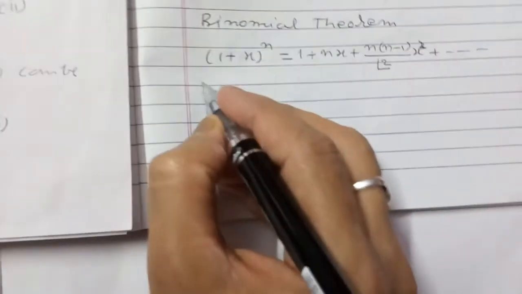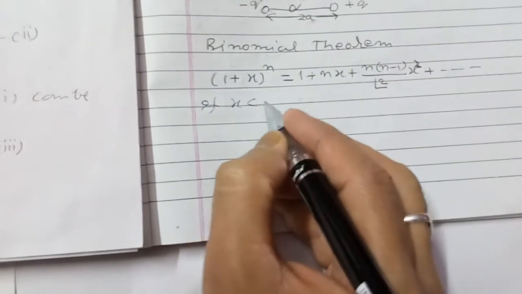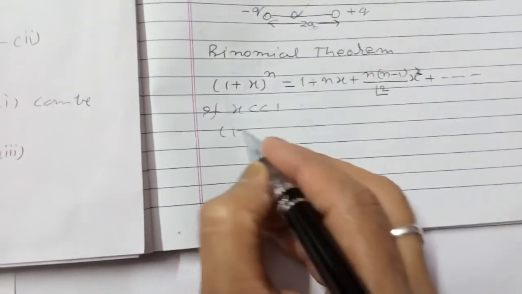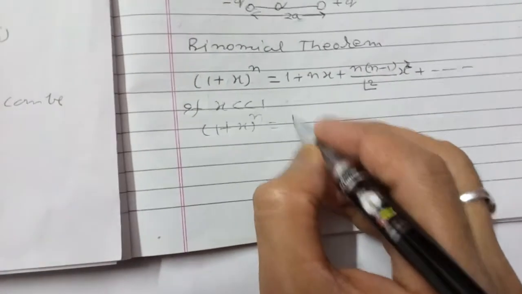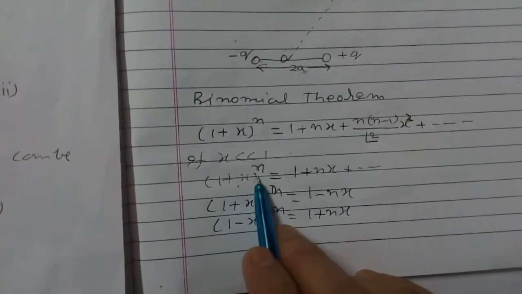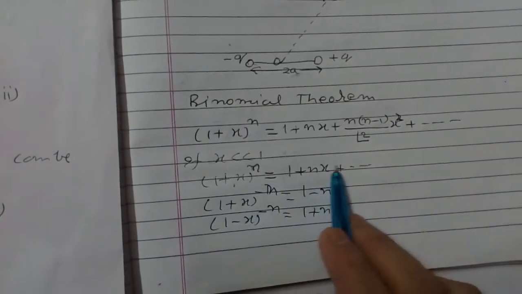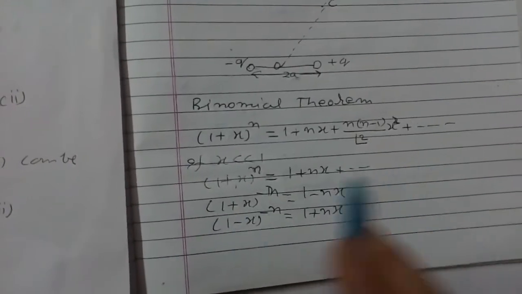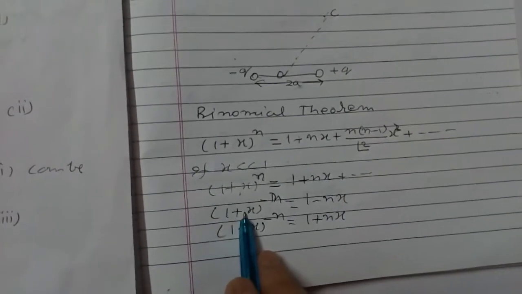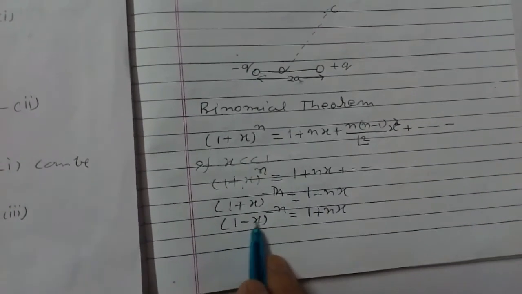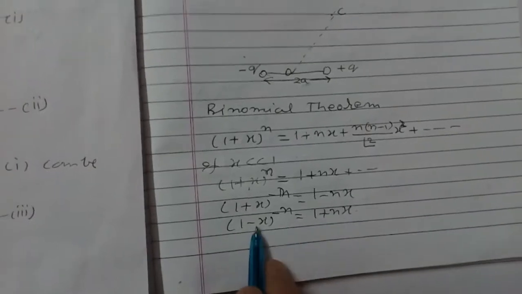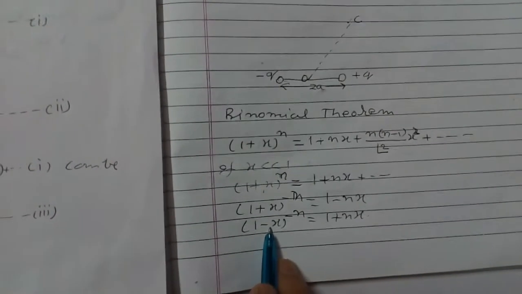Now if x is less than 1, then we can write 1 plus x to the power n is equal to 1 plus nx, and omit all the other terms. Or 1 plus x to the power minus n is equal to 1 minus nx. 1 minus x to the power minus n is equal to 1 plus nx. This is when x is less than 1. So we will apply the binomial theorem here.